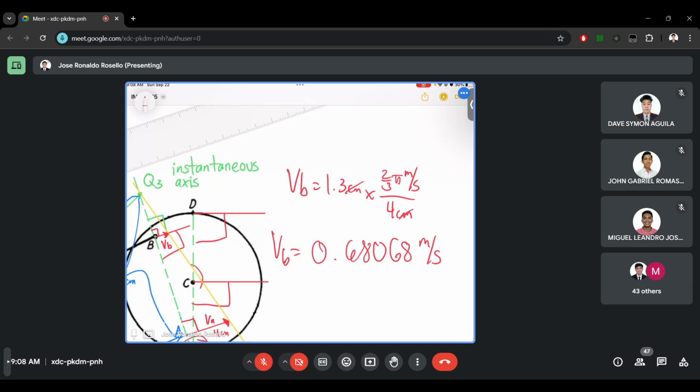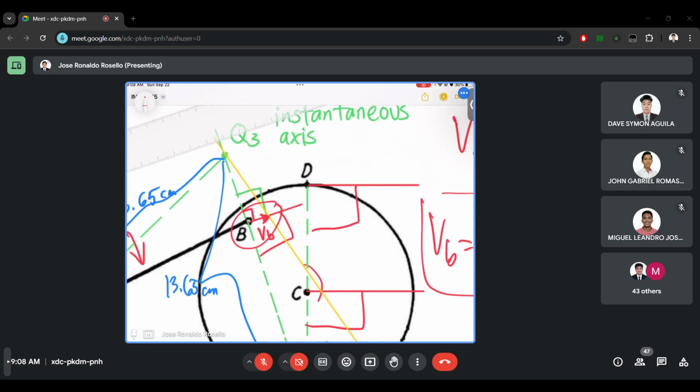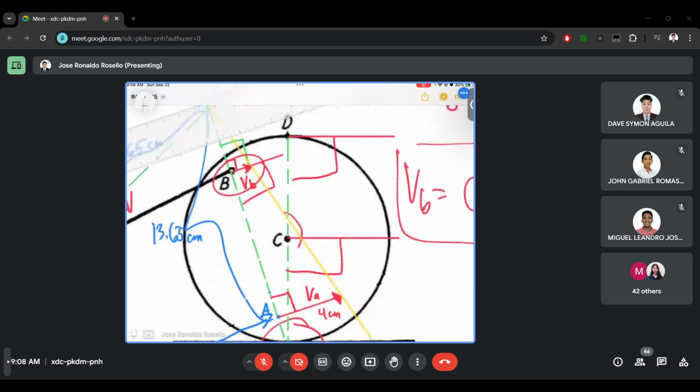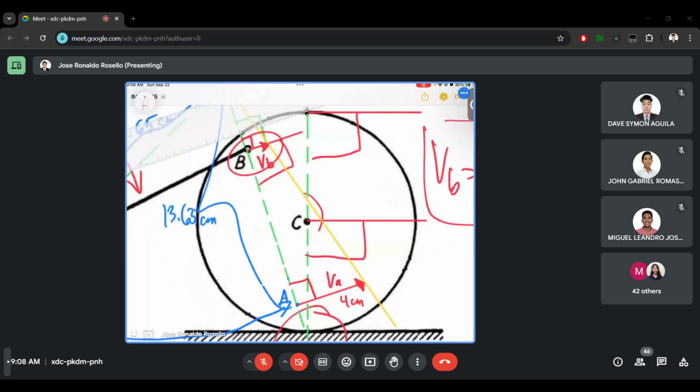Okay. Anyway, so we have this velocity B. Then, since we have now velocity B, we can use it as the vector to determine velocity C and D. For velocity C and D, we'll just use the instantaneous axis Q4 and copy it to this line. So Q4, how we'll measure it, how long.